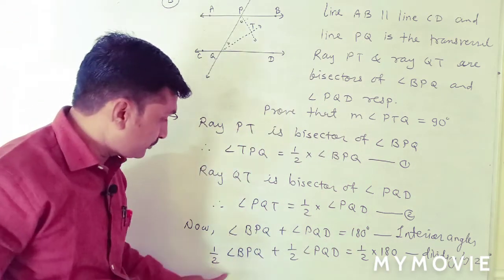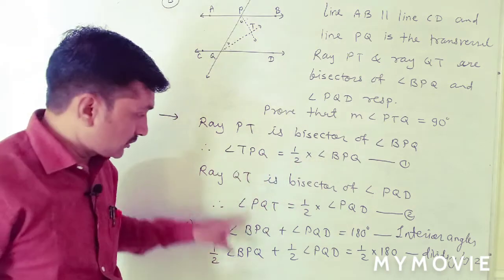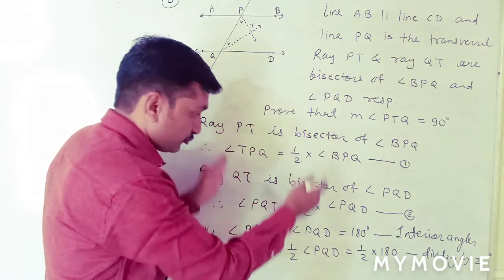Now half of BPQ means TPQ, and half of PQD means PQT. From 1 and 2 we have to replace these values.